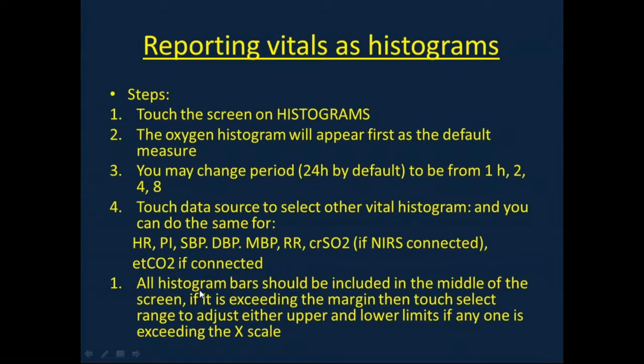All histogram bars should be included in the middle of the screen. If it is exceeding the margin, then touch select range. So you have the range selection button, and you can adjust upper and lower limits if any one of them is exceeding the edge of the X scale.